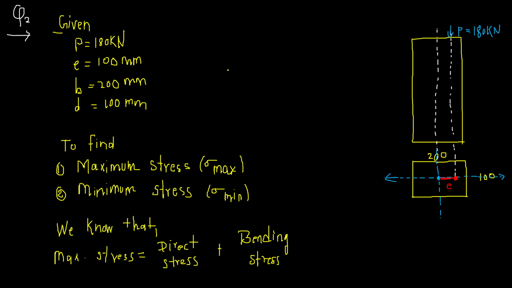Okay, so we can write it like this: maximum stress sigma max is equal to direct stress sigma naught, or sigma 0, plus bending stress sigma b. So this is the first important equation.